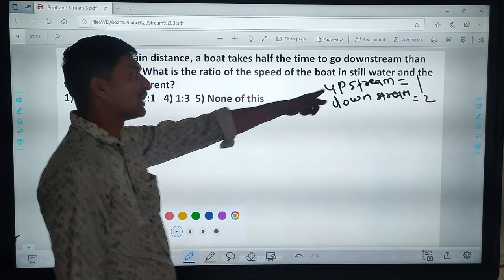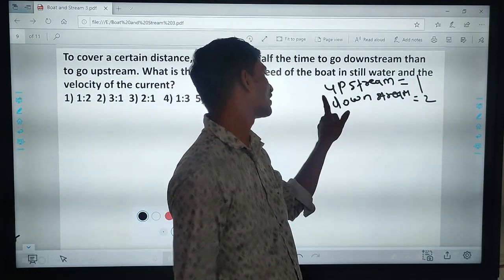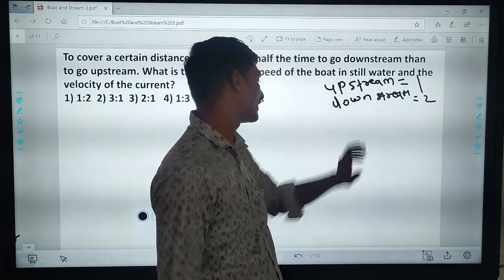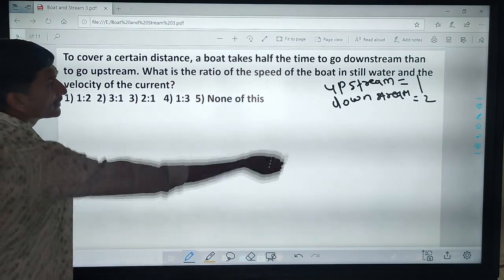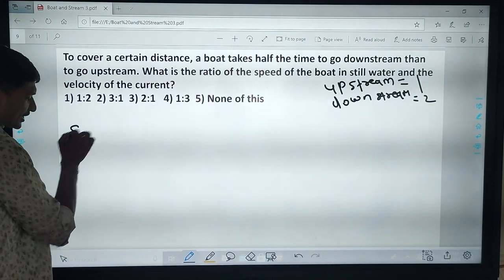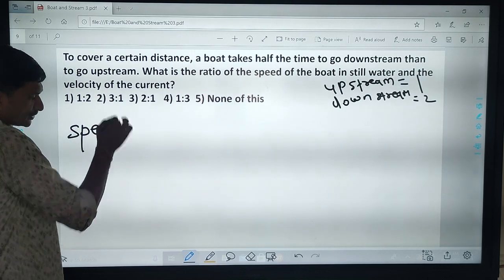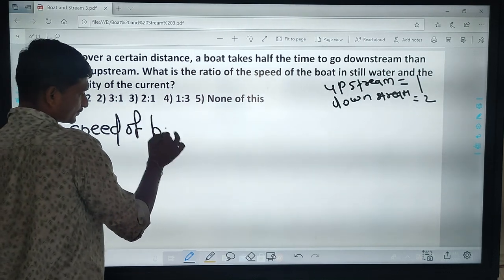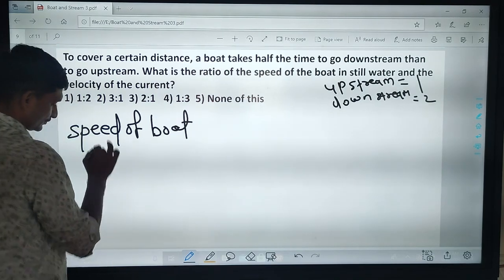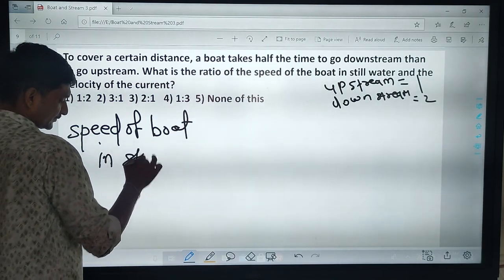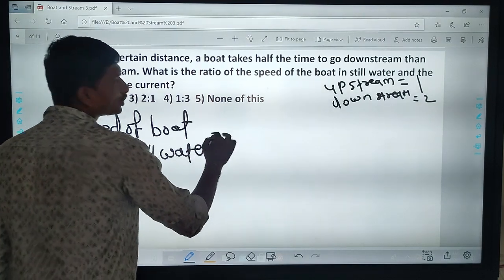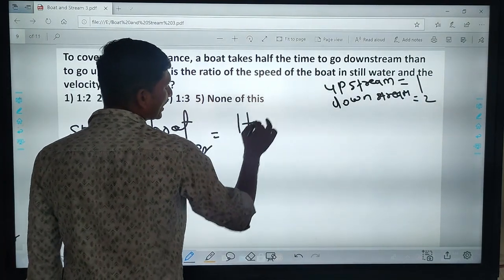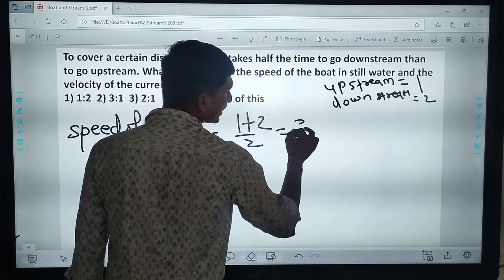Now from the upstream and downstream speeds, we find the speed of the boat in still water, which is the addition of these two divided by 2, that is 3/2.